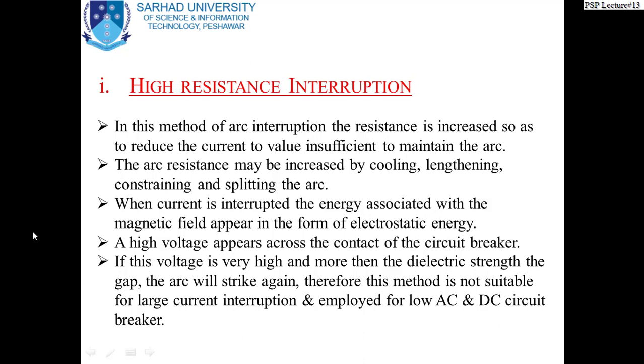When you break the circuit, that current which was flowing before the breaking now appears as a voltage across those particular terminals. So first we have the electromagnetic energy, and then the electrostatic energy. A high voltage appears across the contacts of the circuit breaker.